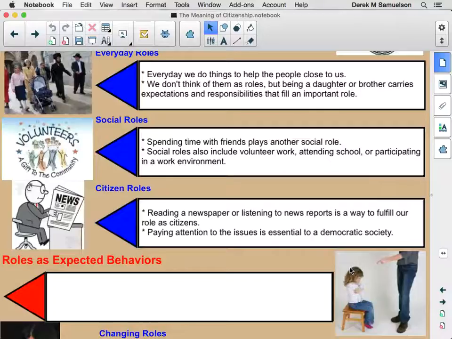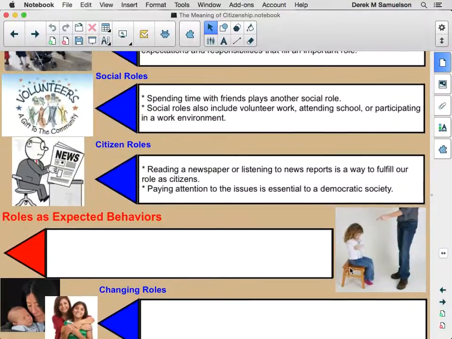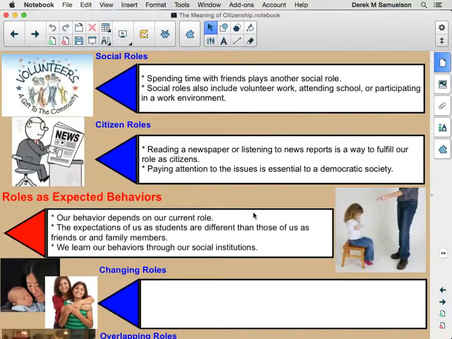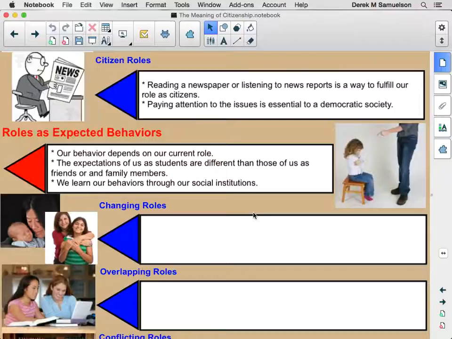That's a pluralistic society. And when it's a democratic society, our votes are going to impact those people. And we need to make sure that we're aware of everybody and everybody's issues and how everybody fits into our society. And reading the newspapers, listening to news reports is a way that we can do that and play our citizen role.